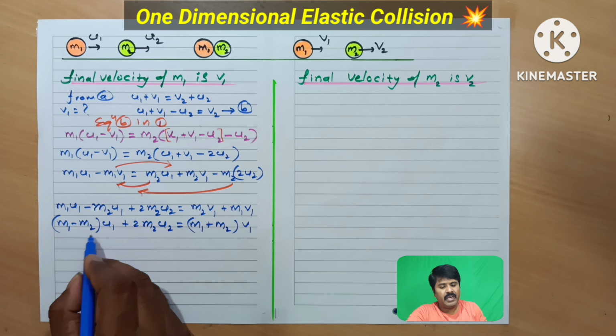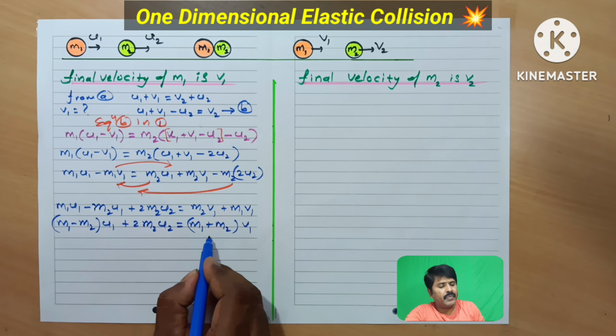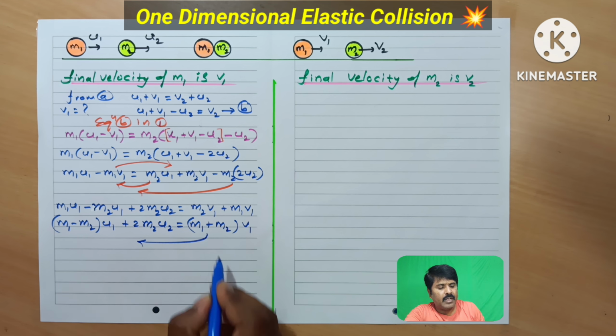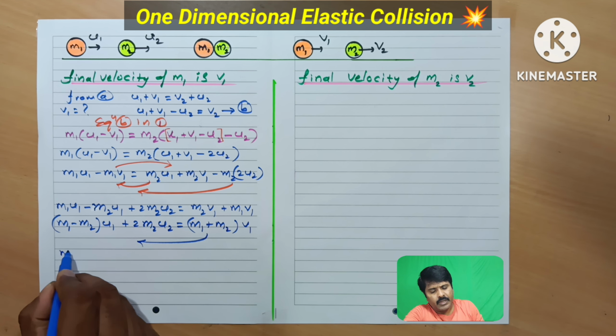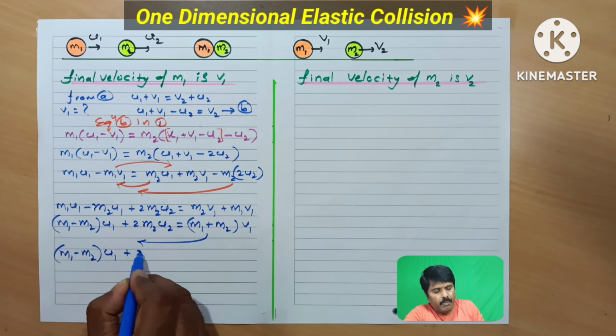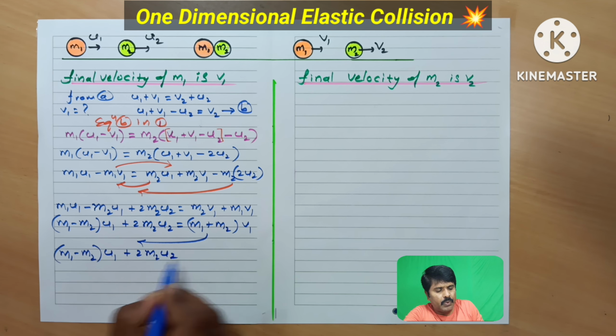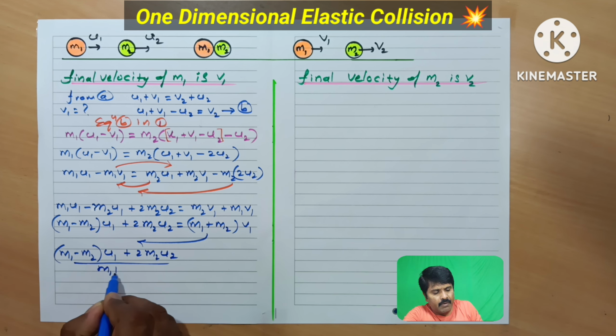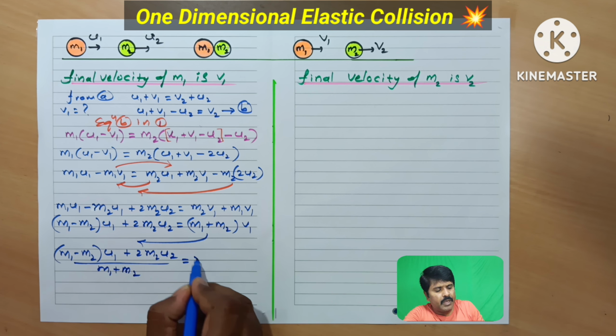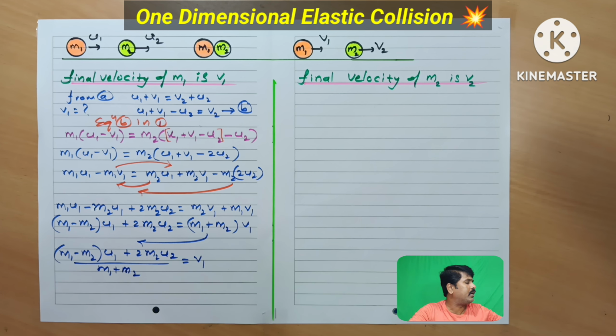On the RHS side v1 is common and on the LHS side u1 is common. This value moves from RHS side to LHS side, so that m1 minus m2 of u1 plus 2 m2 u2, whole divided by m1 plus m2, is equal to v1, student.